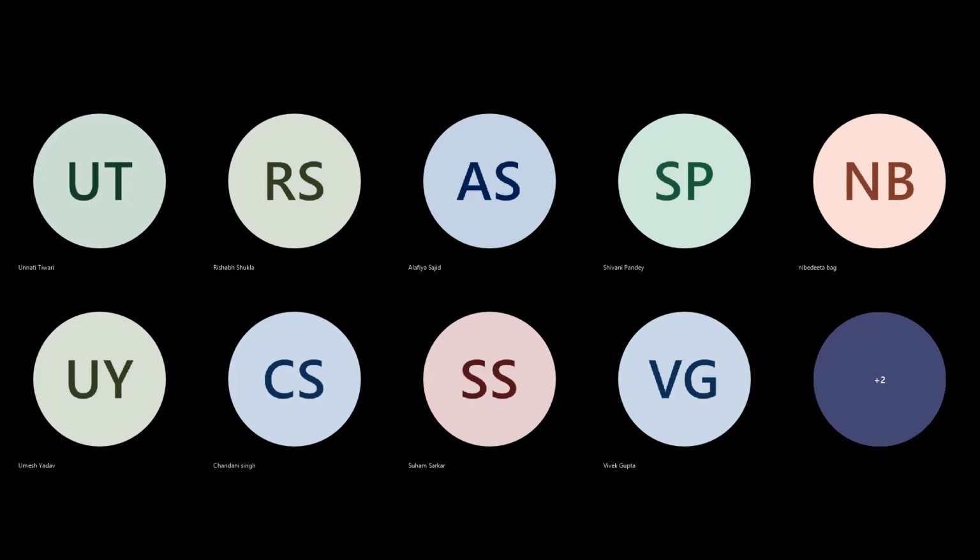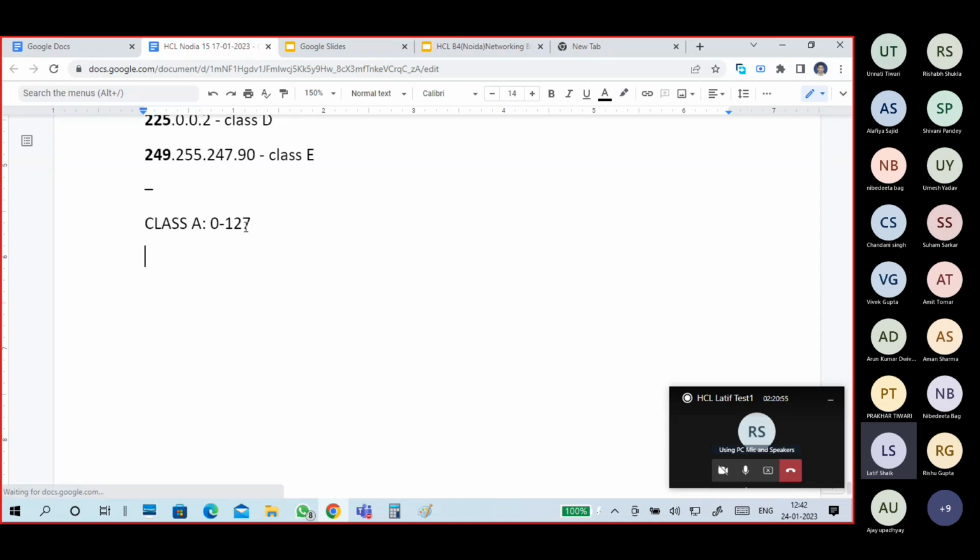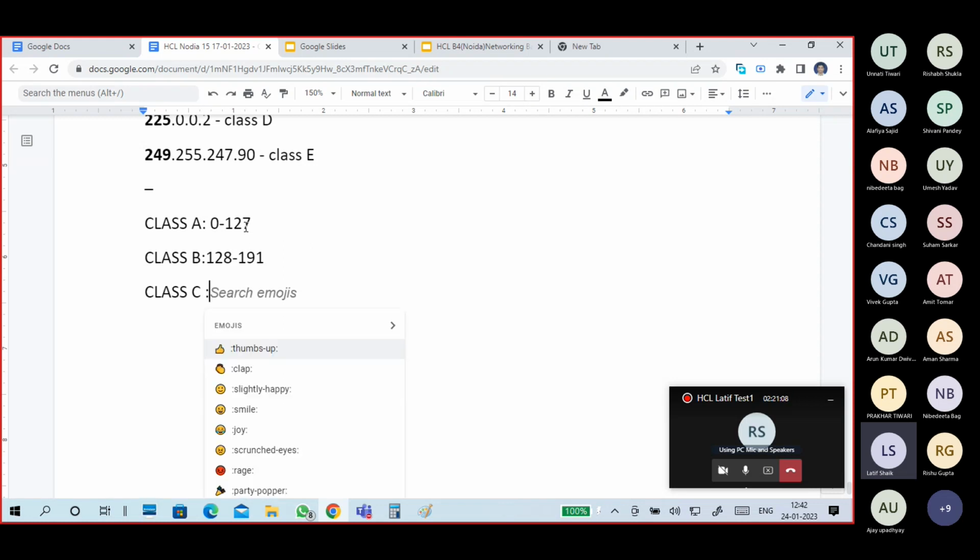So 0 to 127, I'm not changing anything, guys, or 1 to 126. So 128 to 191 is class B, and class C is 192 to 223, only 3.